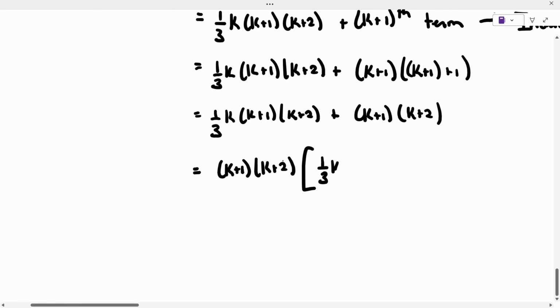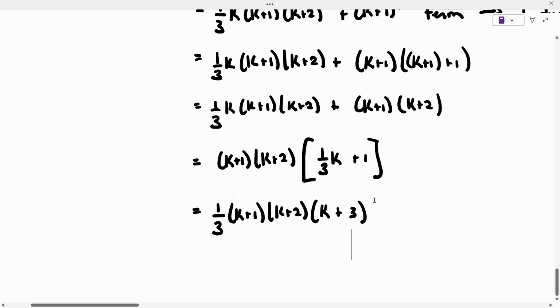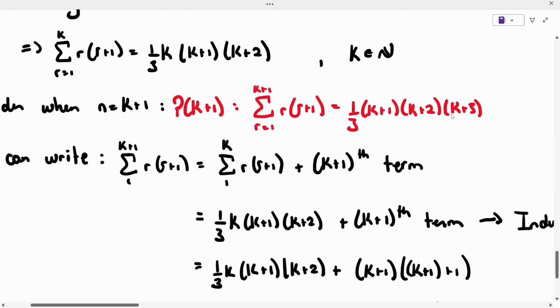We have 1/3 k plus 1. Nice. Let's pull 1/3 out of this. So if we pull 1/3 out, we have 1/3 (k plus 1)(k plus 2). And what's left in here? We take out 1/3, so we have k plus 1 divided by 1/3, which is 1 times 3, which is 3. Does this look familiar? This is exactly P of k plus 1.